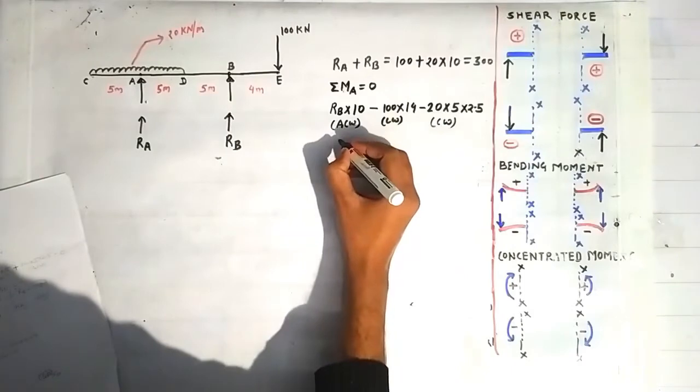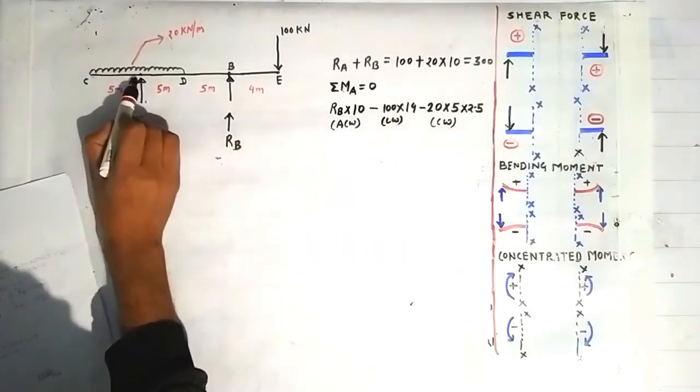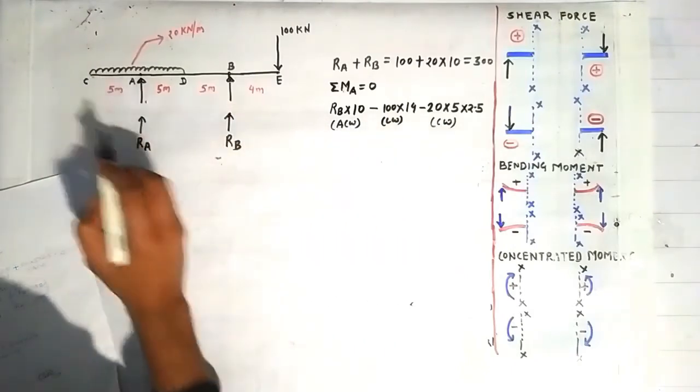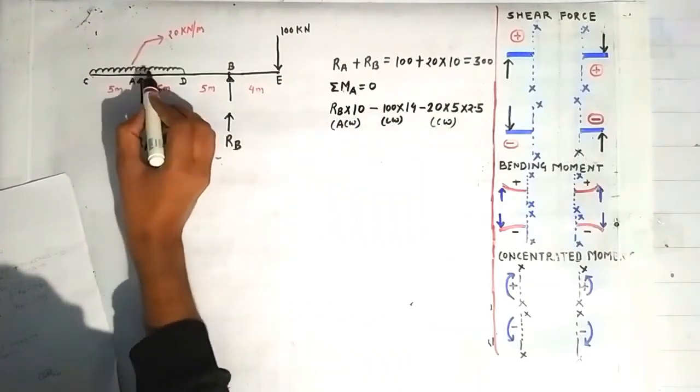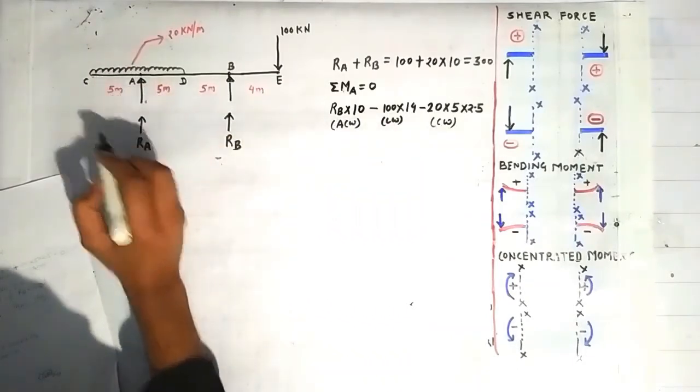Now because of this load acting which is lying between the points C and A, there will be a moment which will rotate the beam element CA in the anti-clockwise direction.